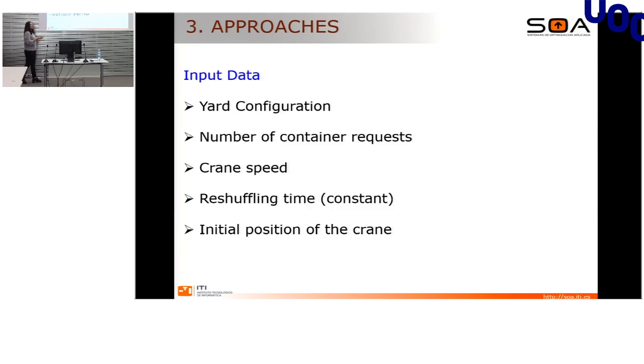The initial position of the crane, we need to know where the crane is at the beginning before the first movement. And we need to know the details of the container request, the type of the operation, type 1, 2, 3, 4, and the initial position, the final position, and so on.